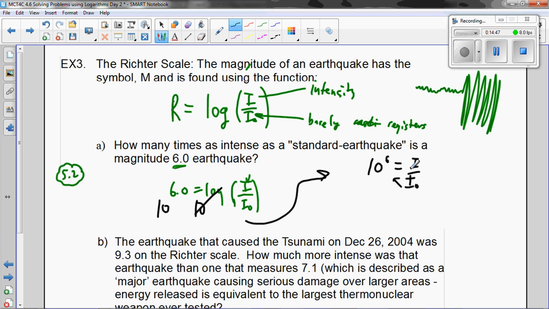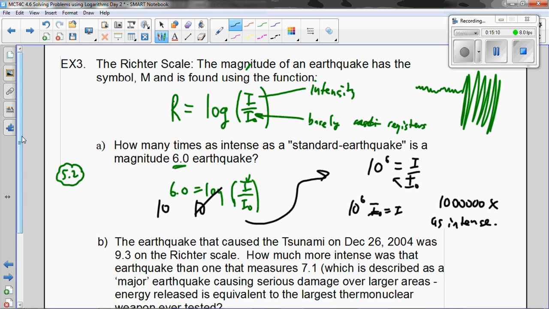And if I wanted to find this intensity, I'd cross multiply. And I'd see this earthquake is not just 6 times as intense, but 10 to the exponent 6, 6 zeros, a million times more intense. A million times as intense.